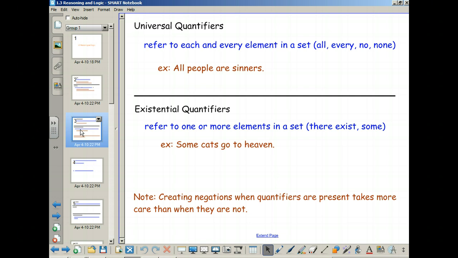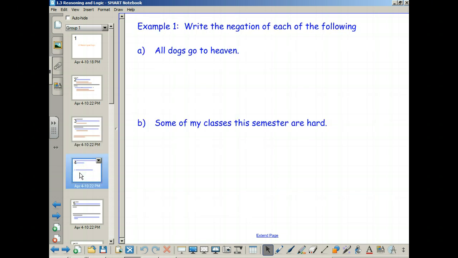So we're going to take an example and do that. We're going to do "all dogs go to heaven." It's in the movie All Dogs Go to Heaven. The way that you change a statement into its negation is you take a look at those quantifiers. This quantifier right here is the word all, a universal quantifier.